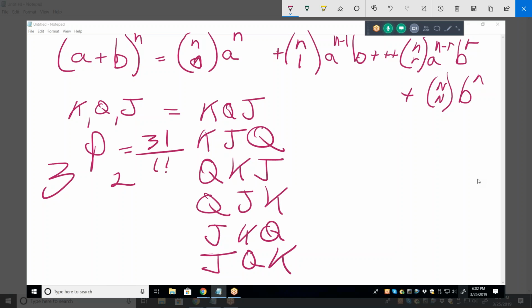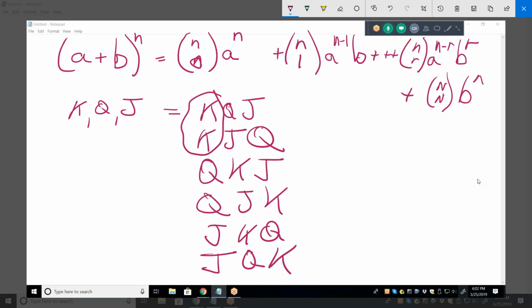And that's 6. And in a way, I can kind of see how this might be a 3 pick 2. The only thing I can see is that we're always picking 2 as our... No, I don't know. 3 pick 2 doesn't seem right to me. But anyway, a counting problem you can do by hand.